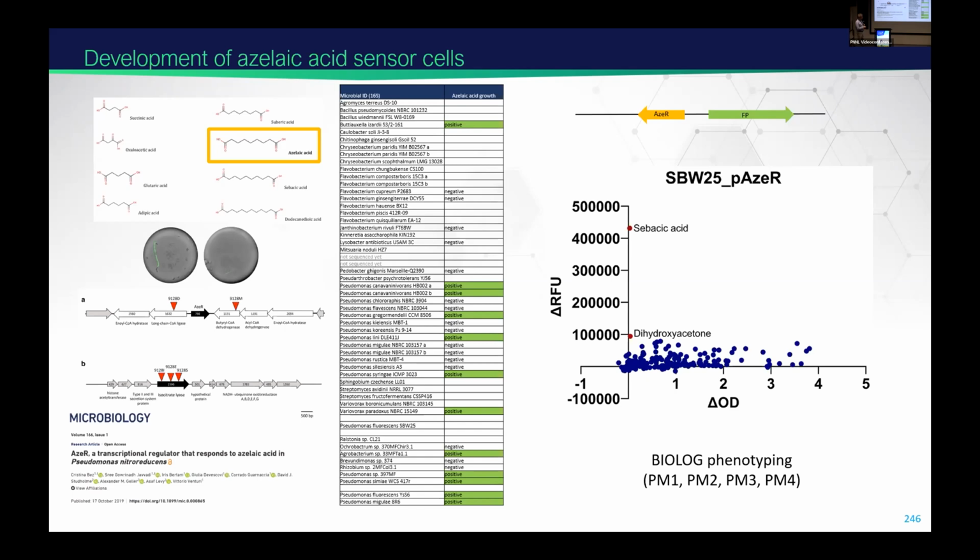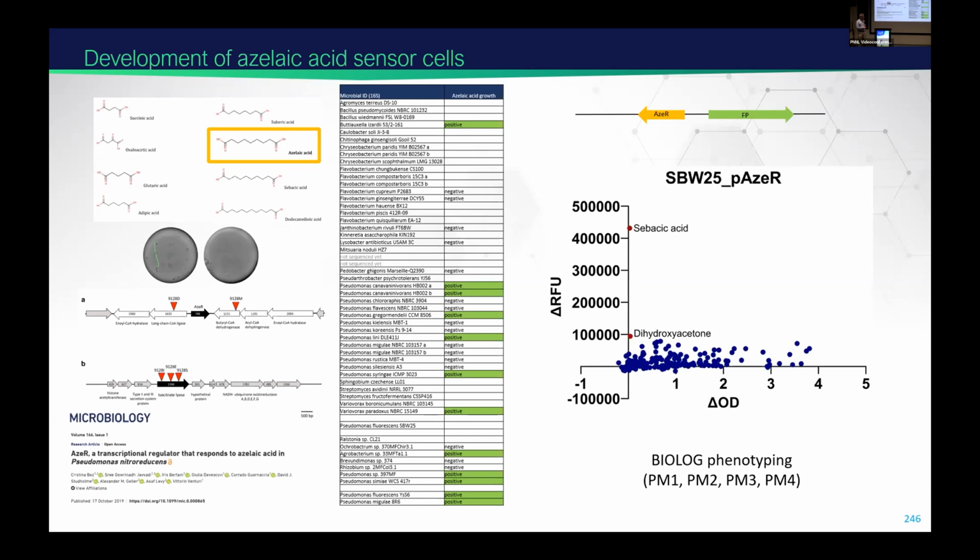These are the microbes that can grow on azelaic acid, and this is a Biolog phenotyping result where on the x-axis we see respiration of the microbes, and on the y-axis we see green fluorescent protein signals.